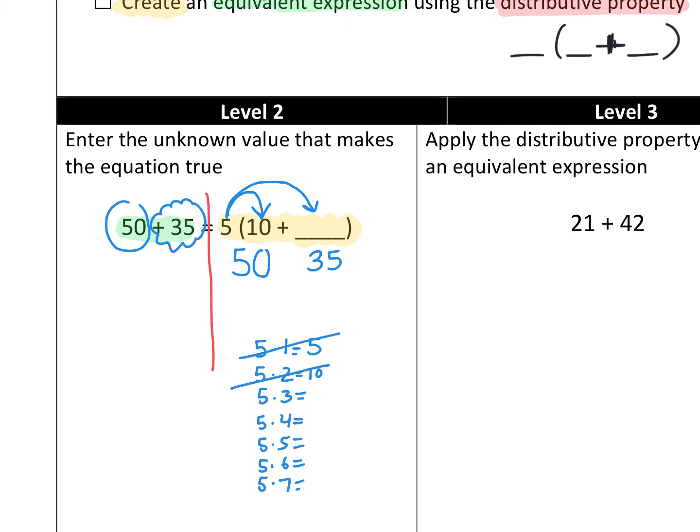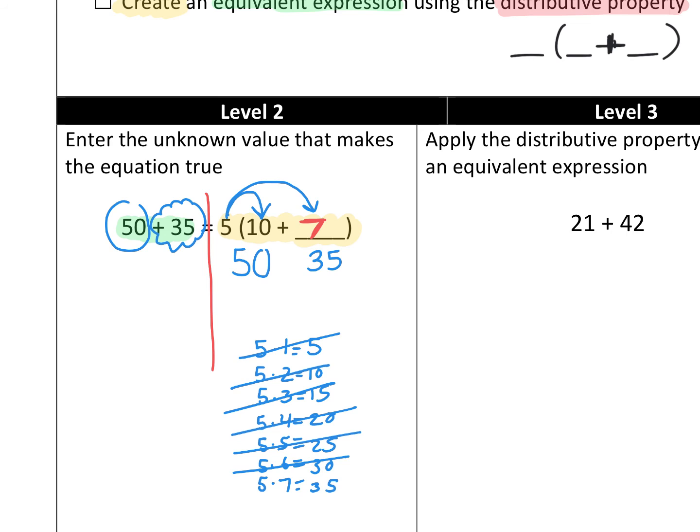That doesn't work. 5 times 3 is 15. That doesn't work. This is 20. That's not working. This is 25. No, I got to get to 35. 5 times 6 is 30. Nope, but 5 times 7 is 35. So I know my answer right here needs to be 7 because 5 times 7 is 35.